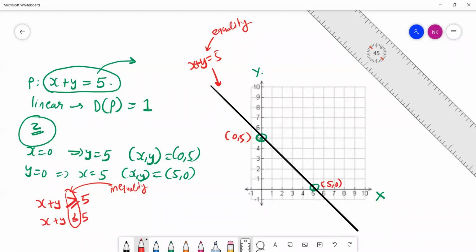Yes, sir. For x plus y greater than or equal to 5, the region above the line x plus y equal to 5, and for x plus y less than or equal to 5, the region below. Correct. That is the correct answer.